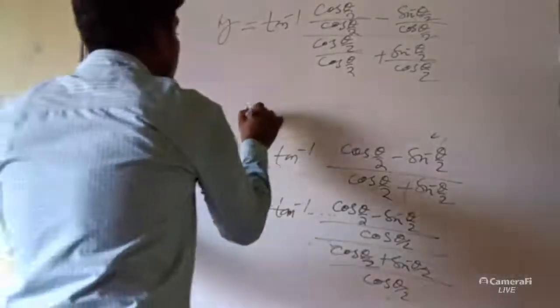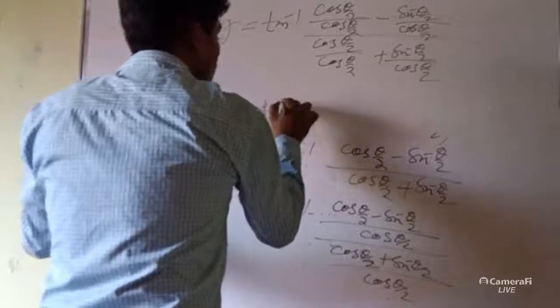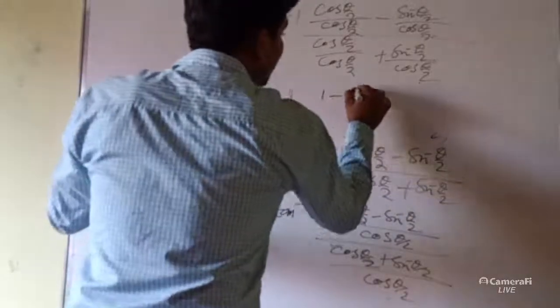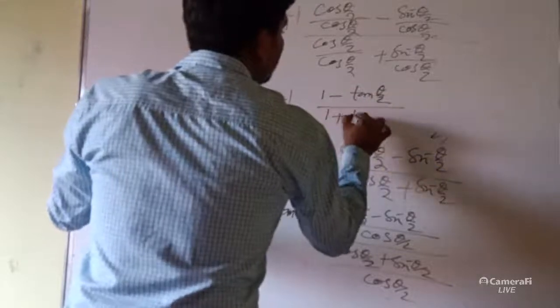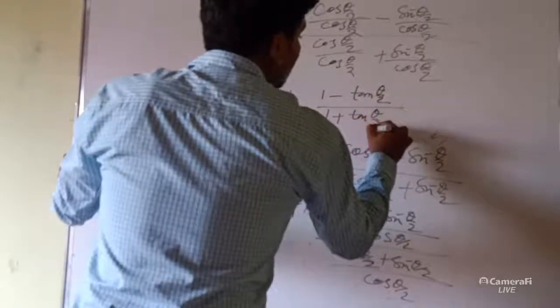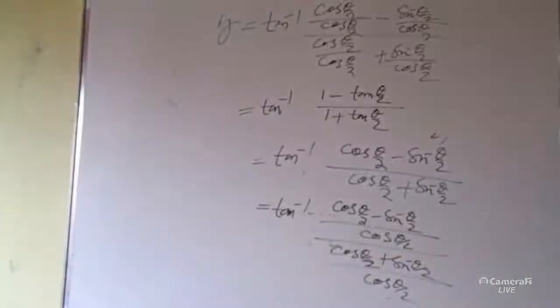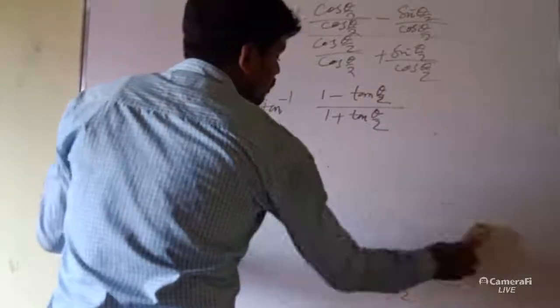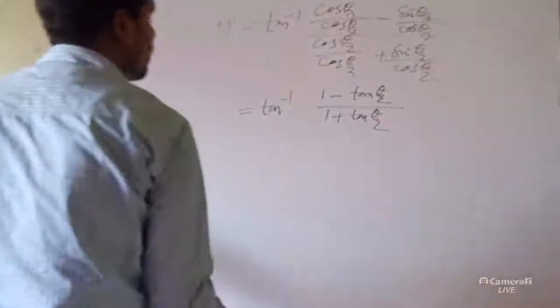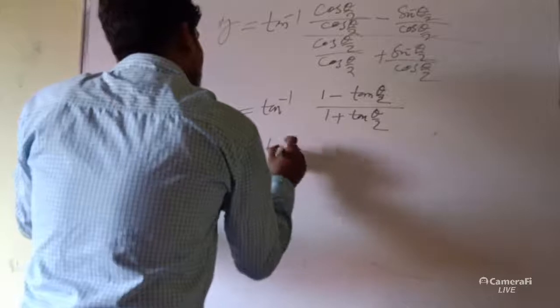Now this becomes tan inverse of (1 minus tan theta by 2) divided by (1 plus tan theta by 2). Also here we can use tan pi by 4 in the place of 1.